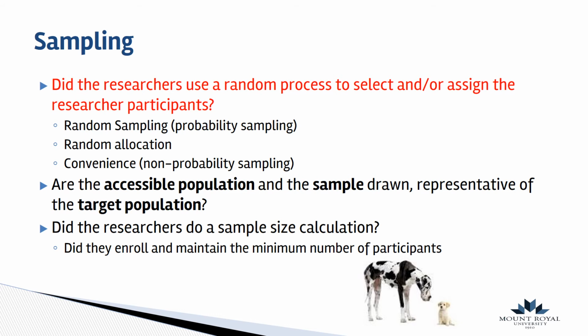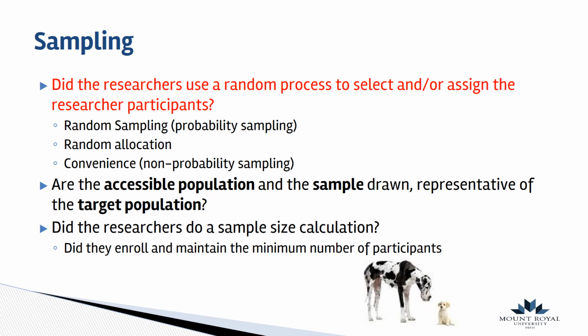And then there is convenience sampling, which is non-probability sampling. And this is where you access a population that is convenient and easy to access. So questions to ask: are the accessible population and the sample drawn representative of the target population?